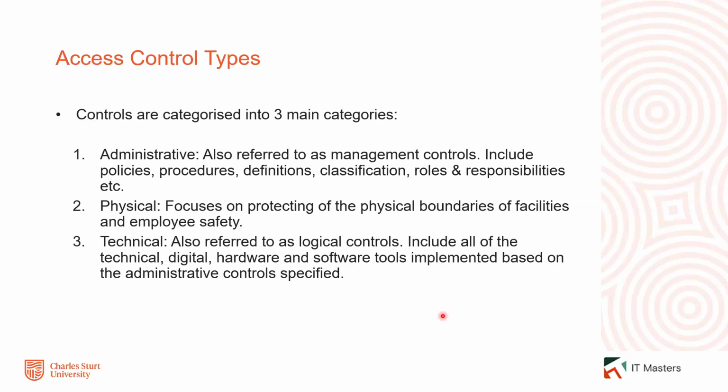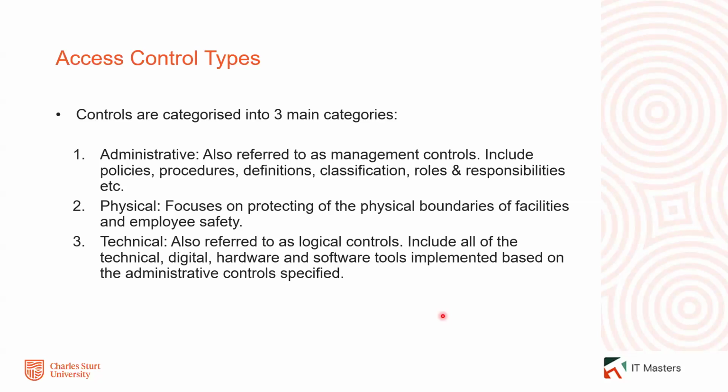We're talking about keys and locks, fences, barbed wire, guard dogs, all those sorts of things. Fire suppression systems, heating, ventilation, and air conditioning systems. All those sorts of things are physical controls. So anything that helps us to protect our assets, whether it's against the environment that they are in or external intruders, be they animal or human based.